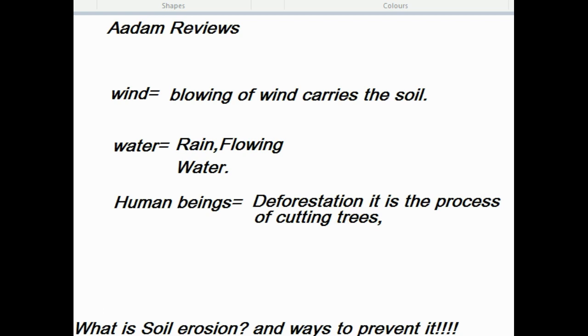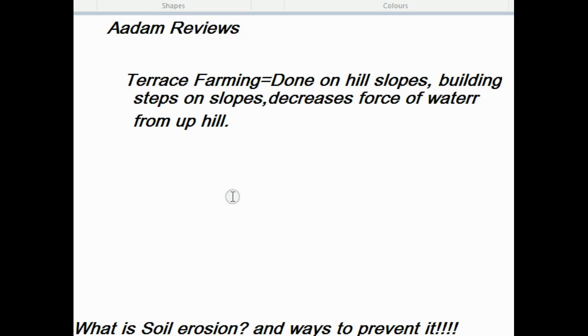Let's get into the second question. What are ways to prevent it or conserve it? Let's get into the first way to prevent soil erosion. The first way is terrace farming. It is done on hill slopes, on the downhills.